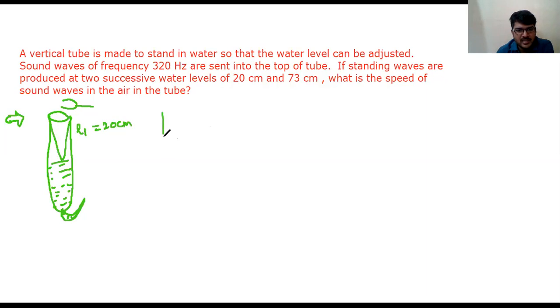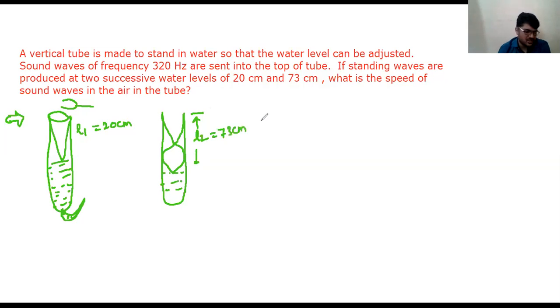In the next case, the water level will decrease a little. So the next possible case is you are getting one complete loop and another half loop like this. And now this is your second resonating length, and this is given as 73 centimeter.